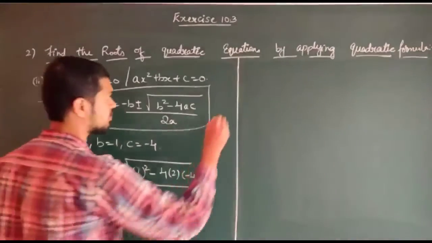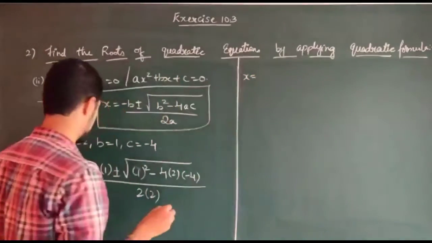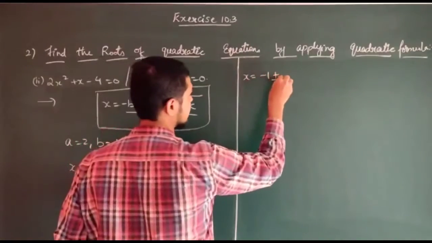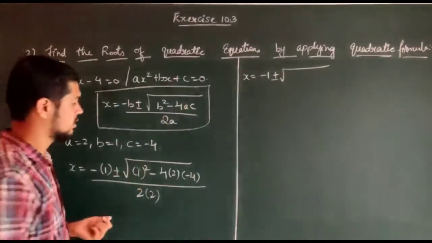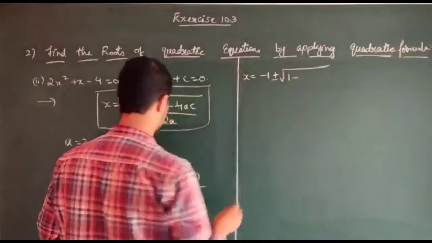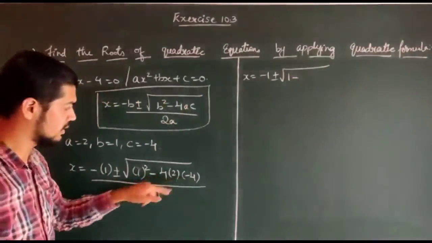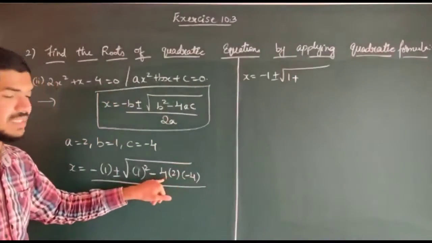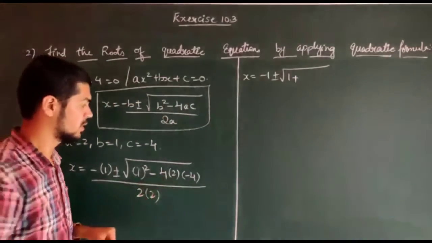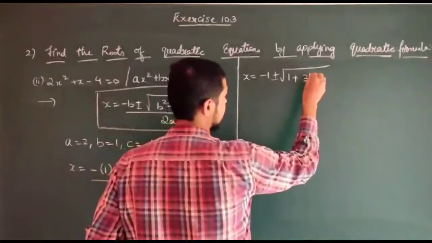That is, x is equal to minus 1 plus or minus, 1 square is 1, minus 4 into minus 4. Minus into minus is plus, so I will write plus. 4 fours are 16, 16 into 2 is 32.